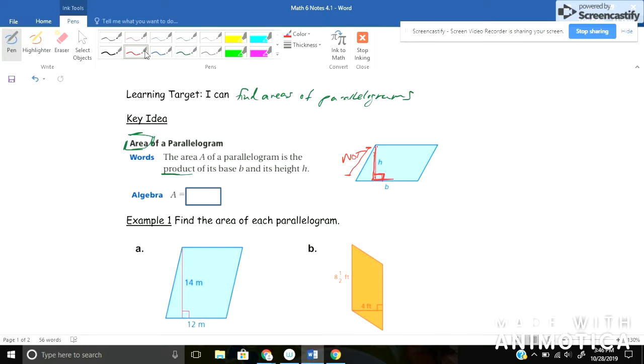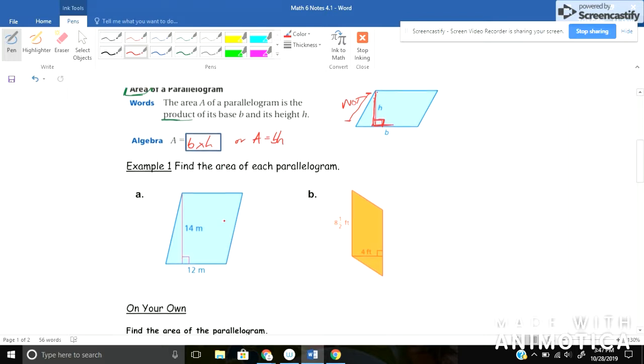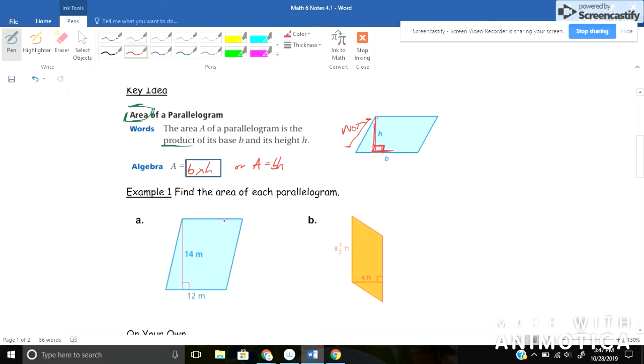Okay, let's write our formula here. A equals base times height, or you could just write that as A equals BH, because when they're next to each other like that, that implies multiplication. So really all we need to do is take the base times the height to find the area. Here I have a base of 12, so 12 times my height of 14. 8 and 4, placeholder 2 and 1.